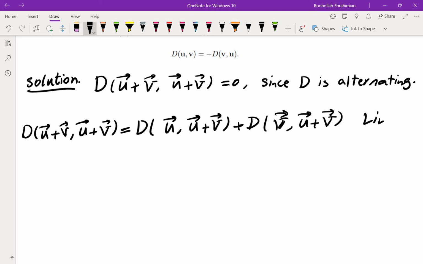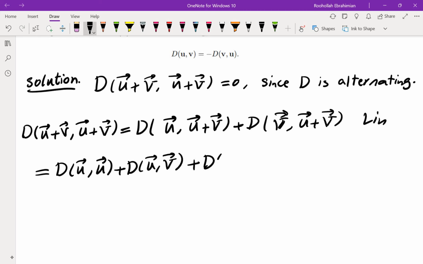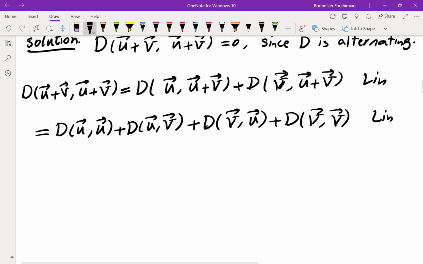And so this is linearity with respect to the first component. Now we're going to use linearity with respect to the second component. So that would be d of u comma u plus d of u comma v plus d of v comma u plus d of v comma v, and again this follows from linearity.